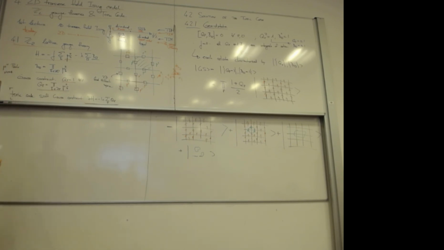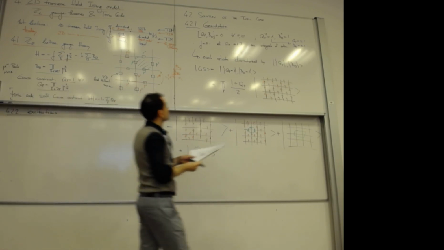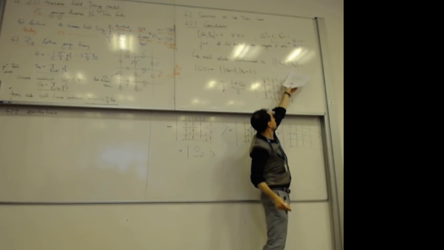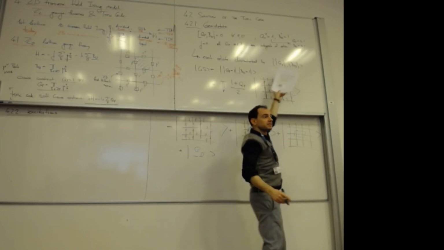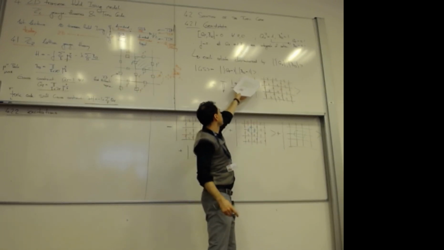Okay, excitations. So I said that in any case, you can always characterize any state like this. The ground state is the one where all the Q's and all the B's are 1.